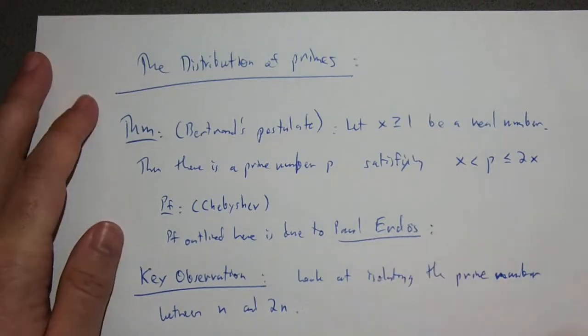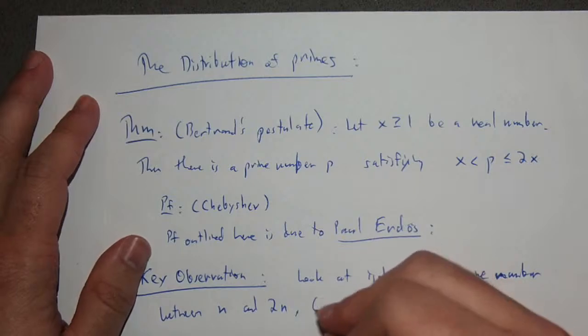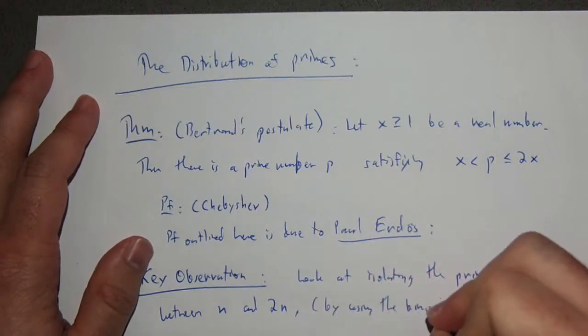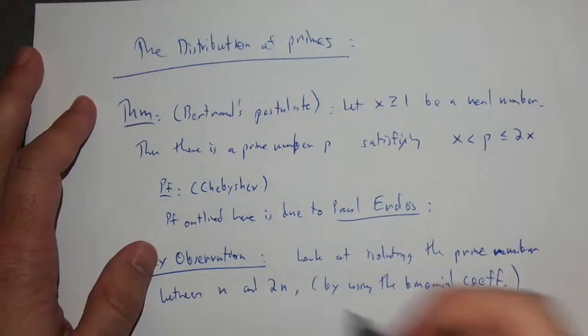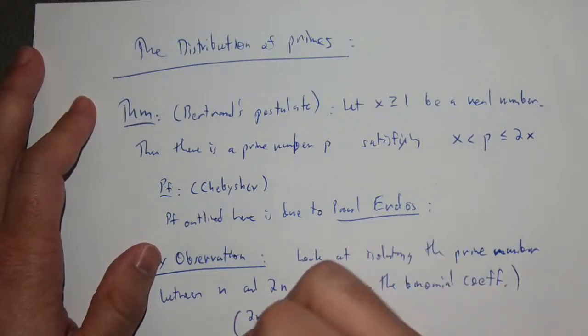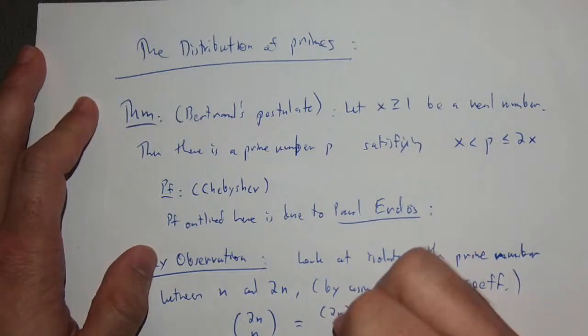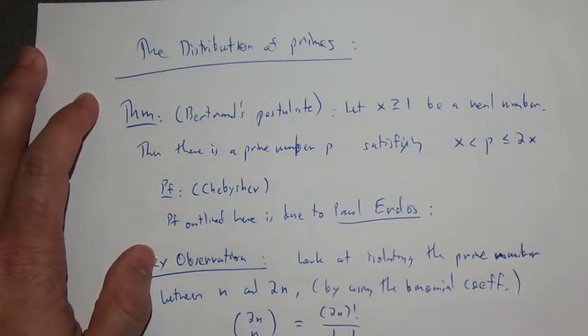The idea is we do this by using the binomial coefficient. Using the binomial coefficient, 2n choose n has a special form. This is actually just 2n factorial over n factorial squared, or n factorial times n factorial.